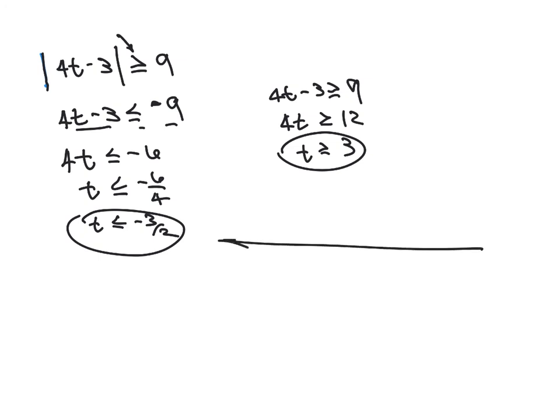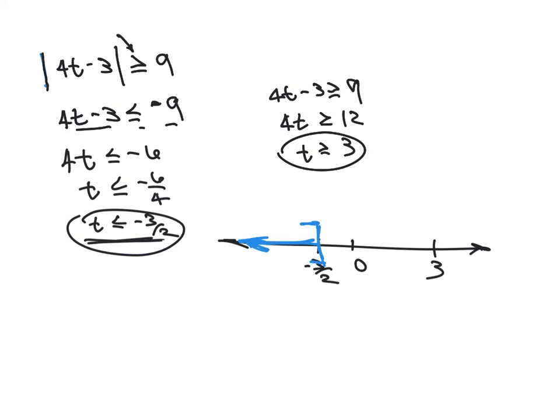And now we'll graph it. So there, we've got a 3 and negative 1.5 or negative 3/2. Okay, so if t is less than or equal to negative 3/2, it means we have a square bracket. And if t is less than, it means the number is less than negative 3/2.